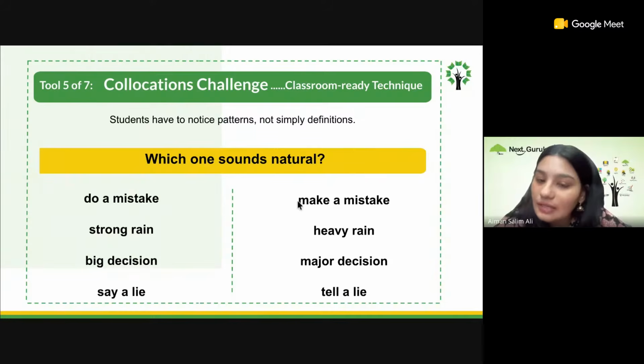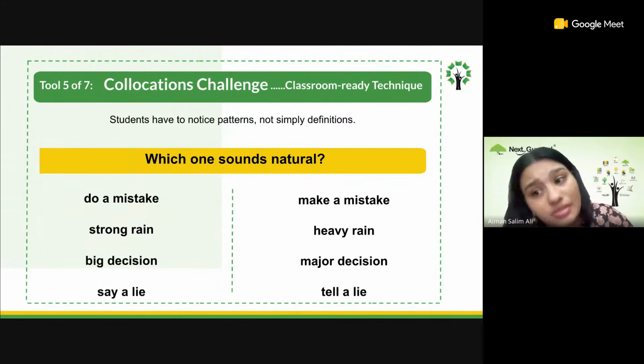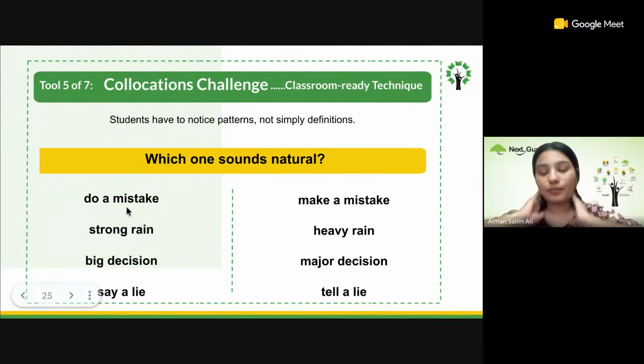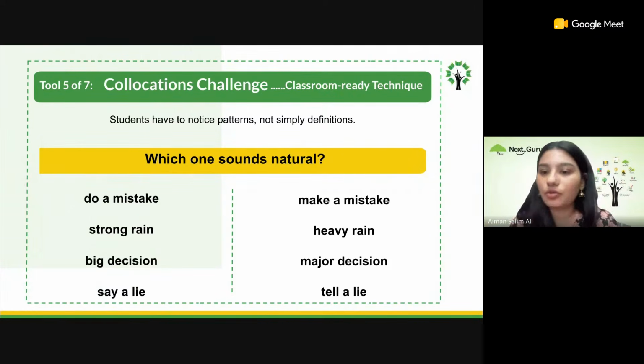It's not enough for them to know the meaning of make, but what's important is they should be able to understand how to use that in a sentence, right? And also to notice patterns. If they are presented with these two phrases, they should be able to predict that, okay, no, even though they have the same meaning, this is more grammatically correct, right?